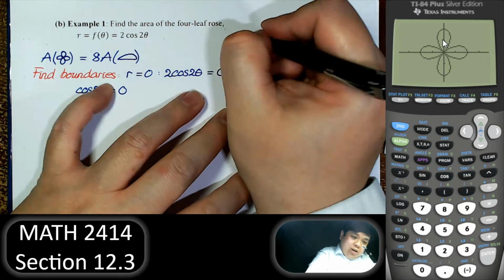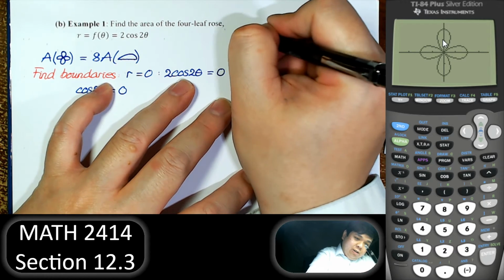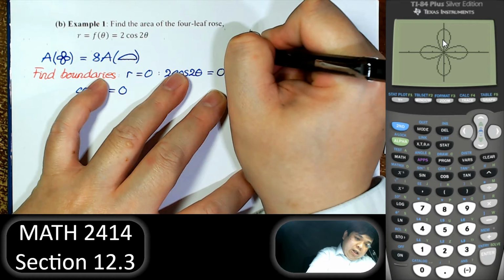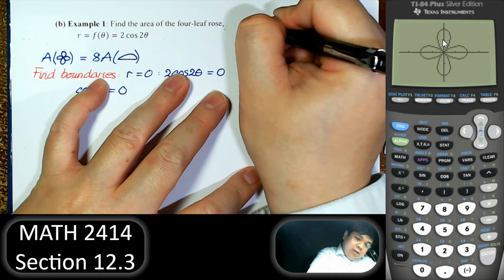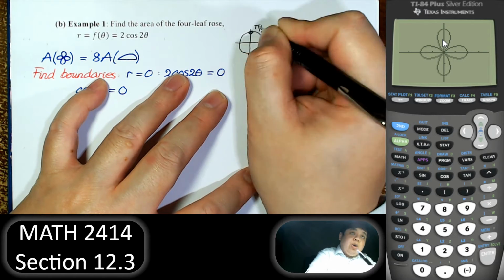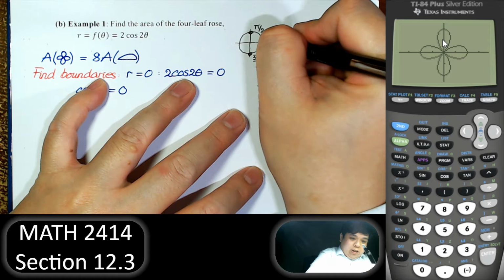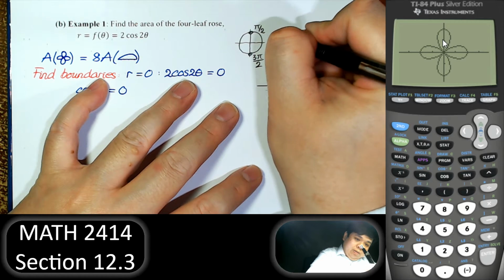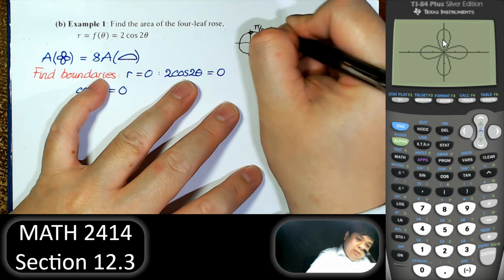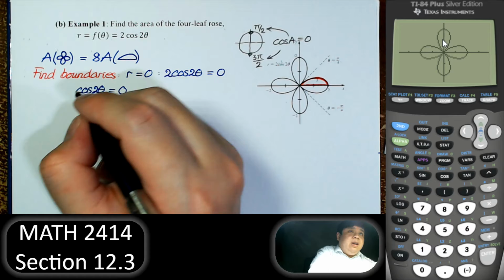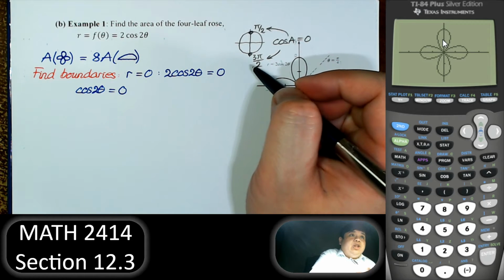In the unit circle, this point and this point, cosine equals 0 for those points. So from here we say pi over 2, 3 pi over 2.